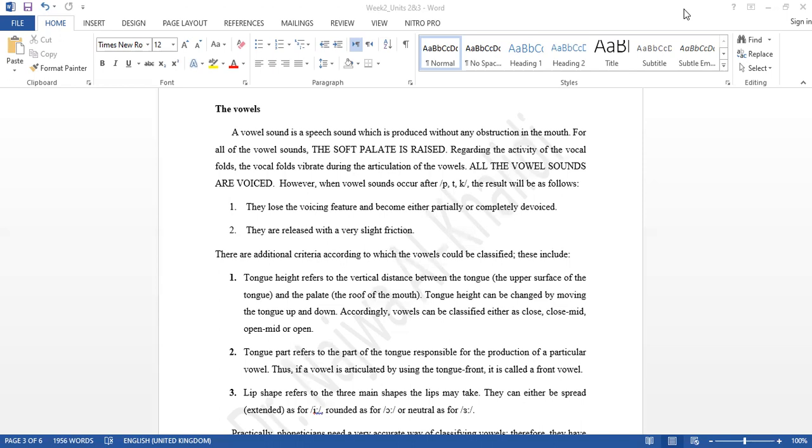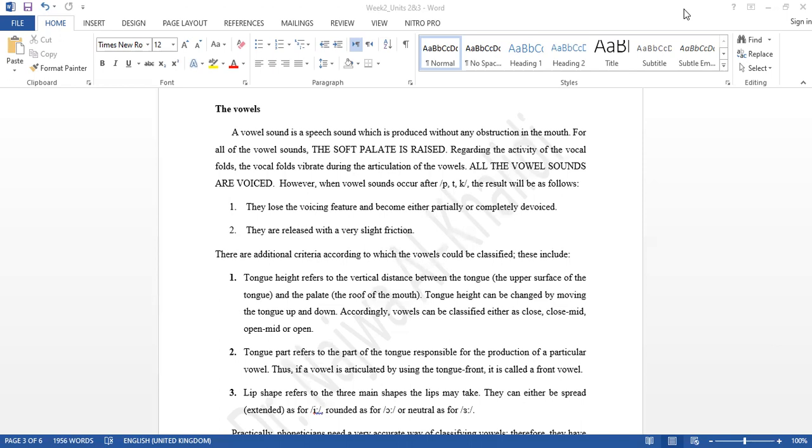Maybe a little bit open, or a little bit higher than open mid. So this is what is meant by the tongue height. There is a vertical distance between the palate and the floor of the mouth, along which the tongue could be moved at different heights or at different points.